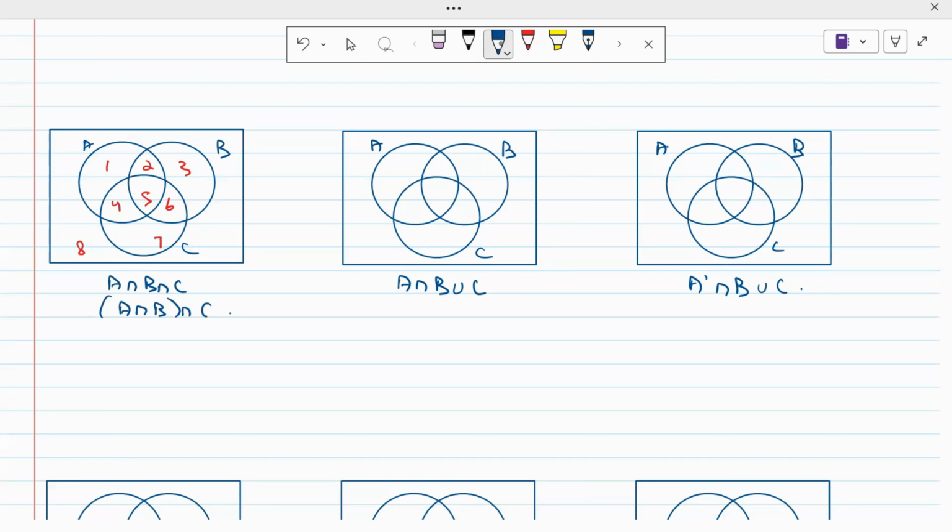So first I'll focus on A and B, and then I'll find the intersection of A and B with the set C. For A and B, look for the common part of A and B. The common part is this hole, in A and B. So I'm writing 2 and 5. Intersection C. For C, how many regions do we have?